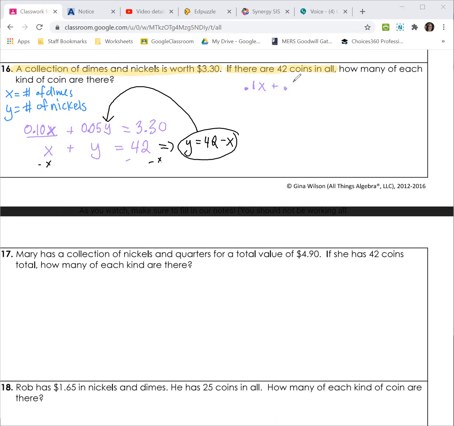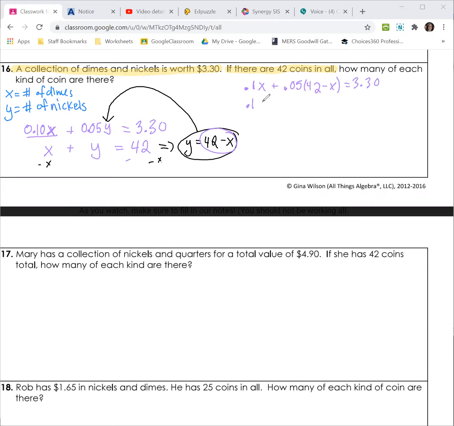Plus 0.05, you can't get rid of that 0 because it's in between, equals 3.30. But instead of y, what am I going to write? I'm going to write 42 minus x, equals 3.30.